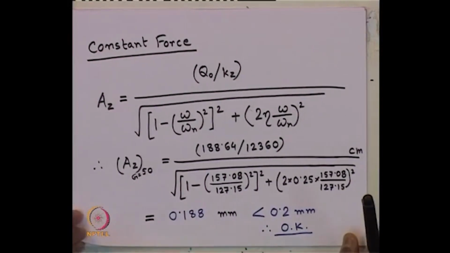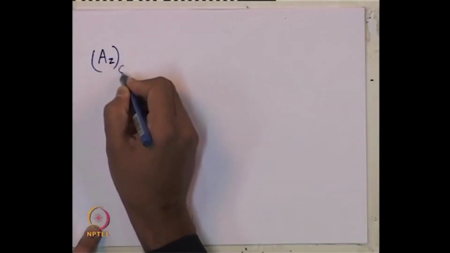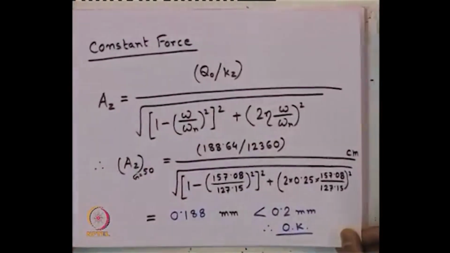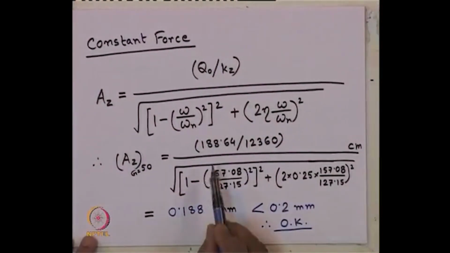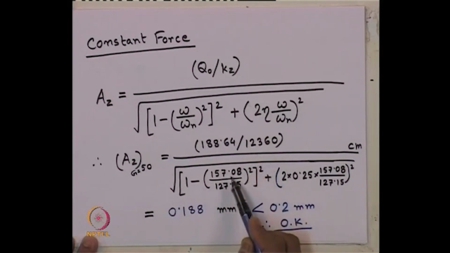Now, for the other two types of soil, let us compute Az again. Az for G equals 100 TSF: Q naught will remain the same, Kz will change. Kz as per G equals 100 TSF we have to use. Omega will remain the same, the operating frequency, whereas omega n will change. Omega n for G equals 100 TSF we have to use.